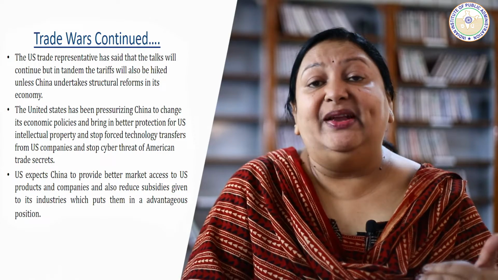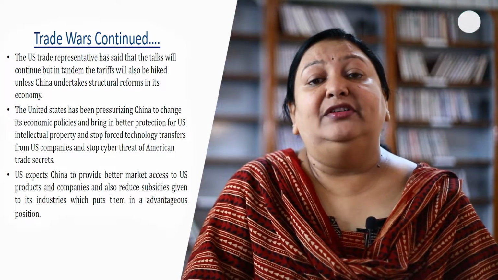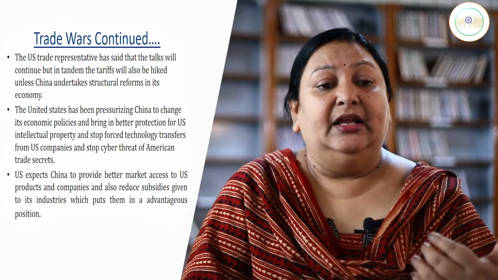So basically, this move by Trump has been triggered by erosion of trust or backtracking of commitments by China that it had made during the negotiations with the US, and therefore it has led to further escalation of tariffs by the United States. The US trade representative said that the talks will continue, but tariffs at the same time will continue to be imposed on Chinese goods.